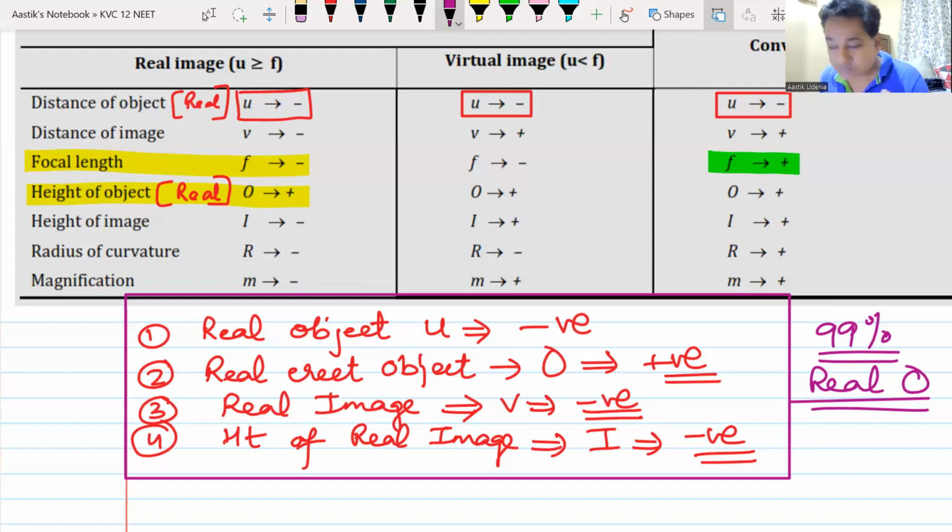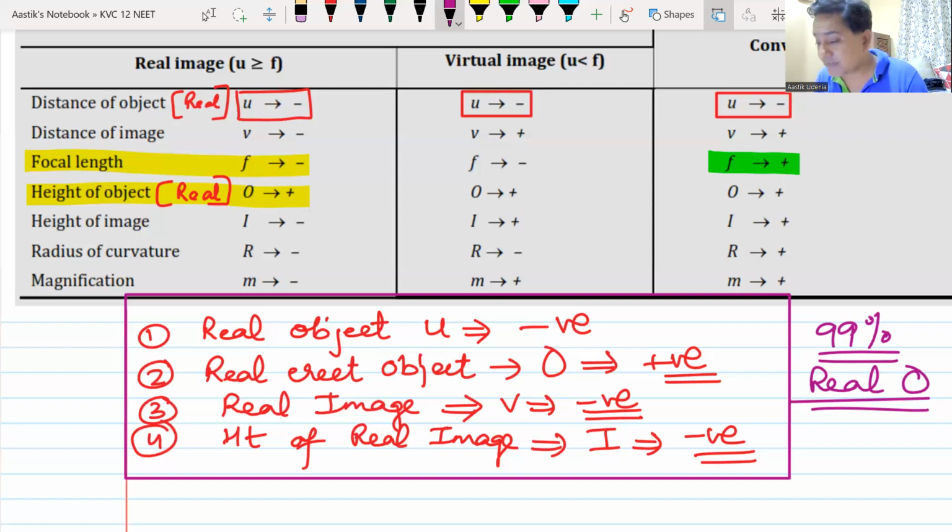That was the question. A question based on virtual object came in this year's JEE Advanced. It might be difficult from the level of NEET, but they can easily give you because there was nothing much complicated in that question. So we will try to see in the next class how we are going to apply these things that we have understood. 99% of the questions will be based on these things that we have discussed.